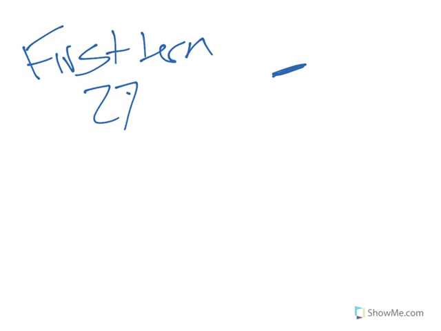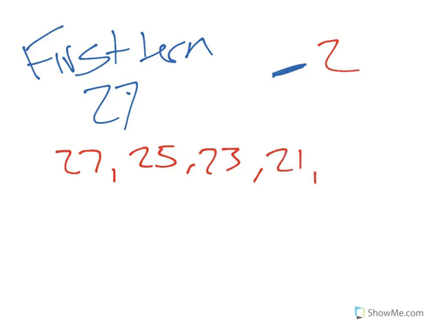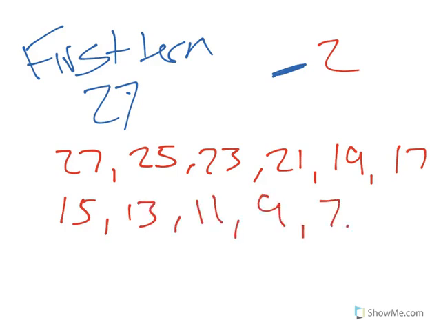Let's say subtract by 2, and they want you to list 12. So 27, minus 2 is 25, minus 2 is 23, minus 2 is 21, 19, 17, 15, 13, 11, 9, 7, 5, 3.